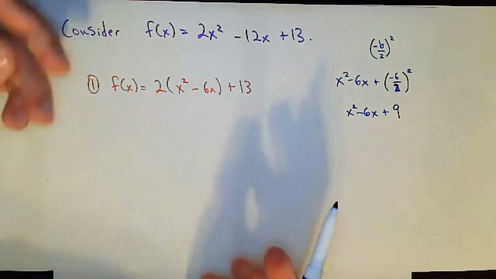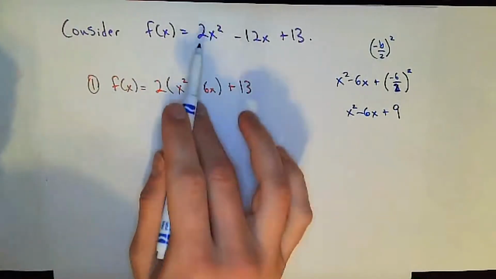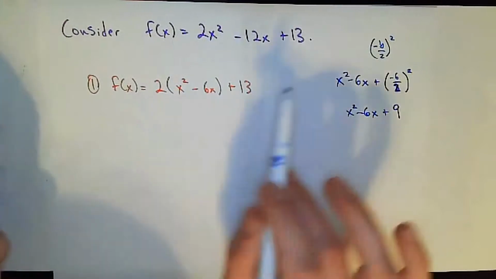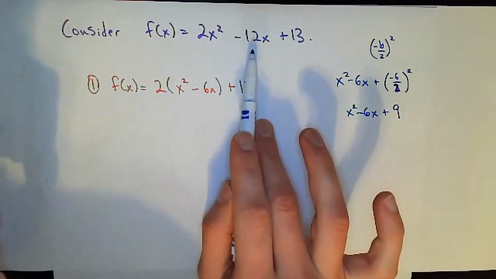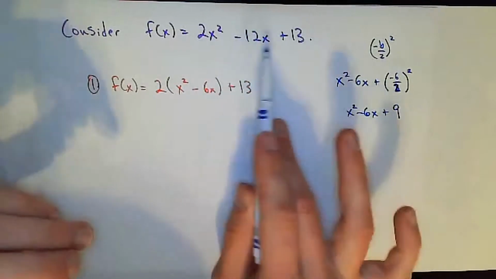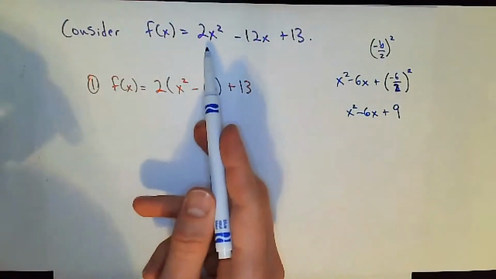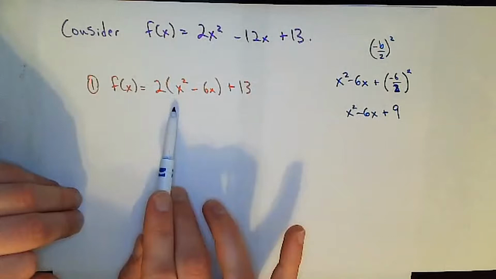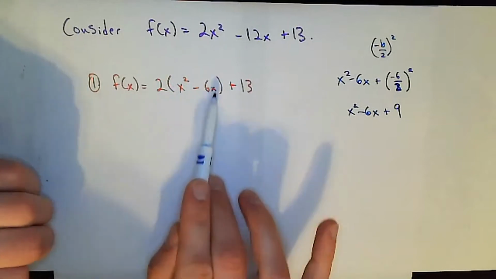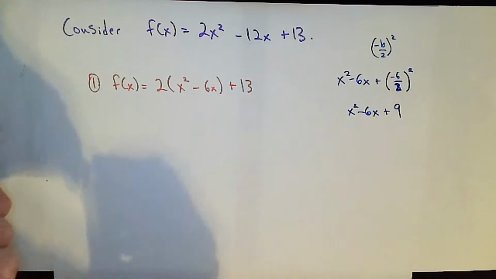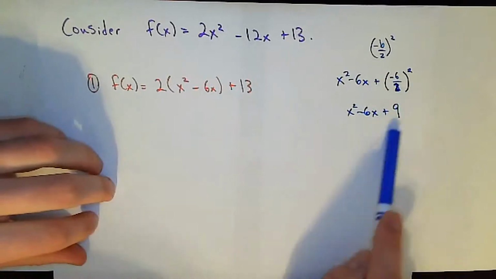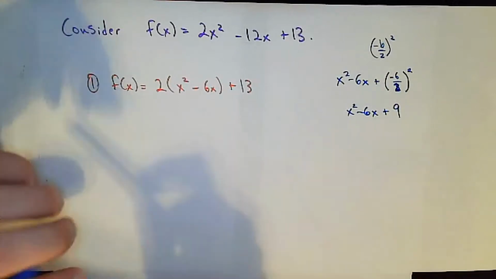Once you factor off the leading term, I'm not dealing with b back here being −12. I don't want to deal with that. I want to pull the 2 off up front so that this is now a 1 right here, so I can just work inside the parentheses to find that perfect square trinomial.